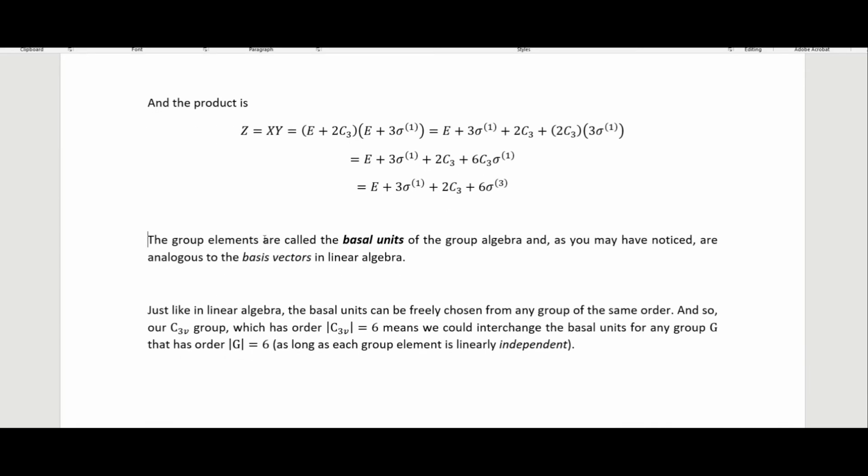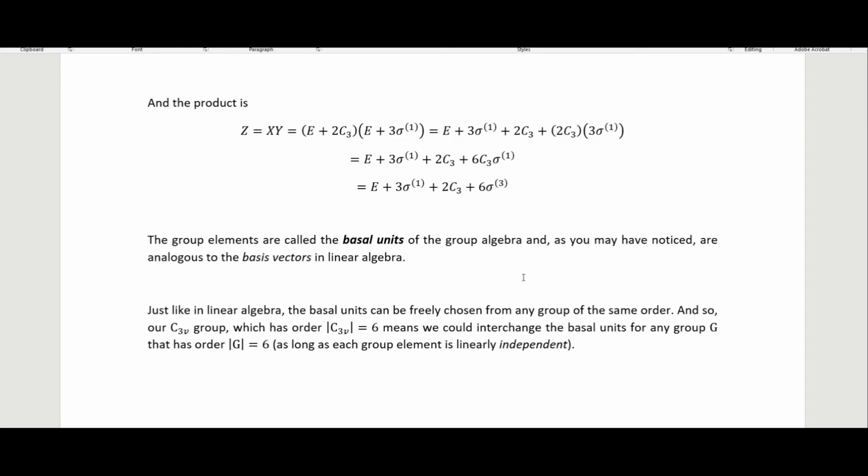And so these group elements in these algebraic rules up here are called the basal units of the group algebra. And as you may have noticed, these are very analogous to the basis vectors in linear algebra.